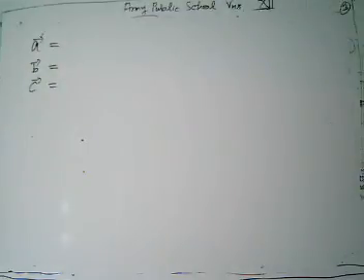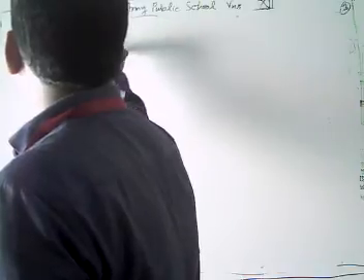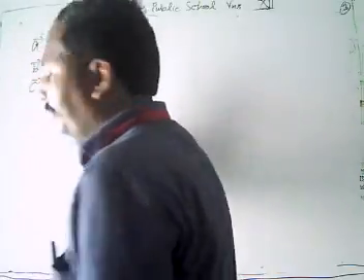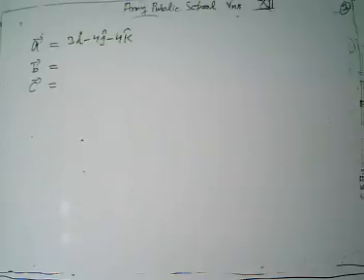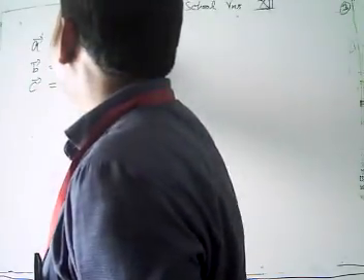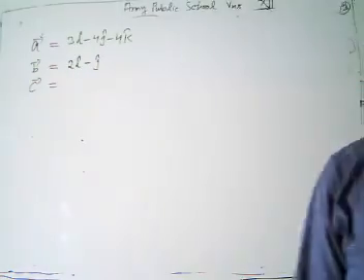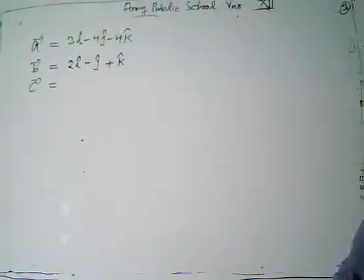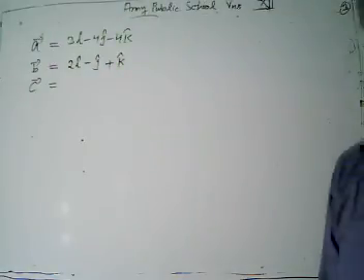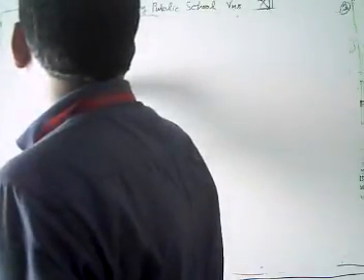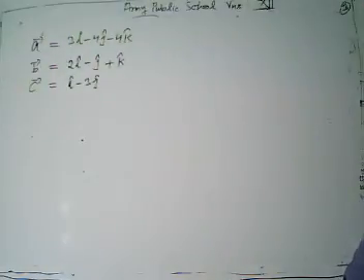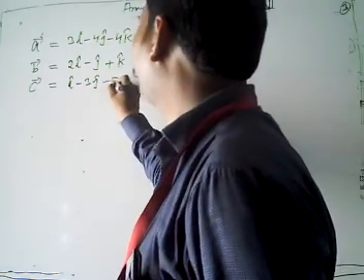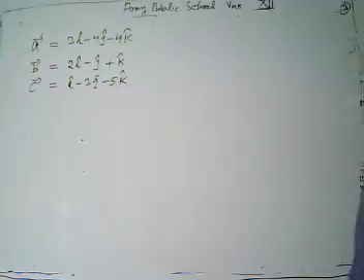The points A, B, C have position vectors: A is 3i cap minus 4j cap minus 4k cap, B is 2i cap minus j cap plus k cap, and C is i cap minus 3j cap minus 5k cap. Now look at what we have to do.